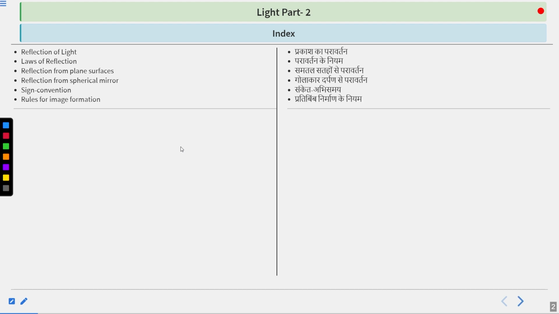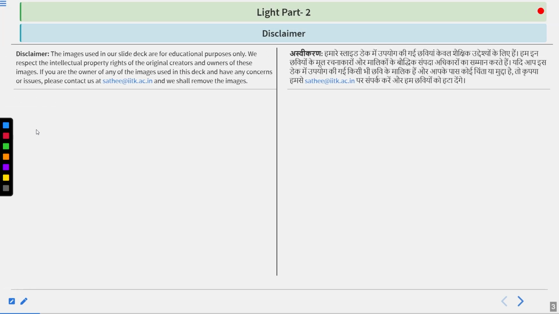These 6 things we are going to cover, starting with the reflection of light.